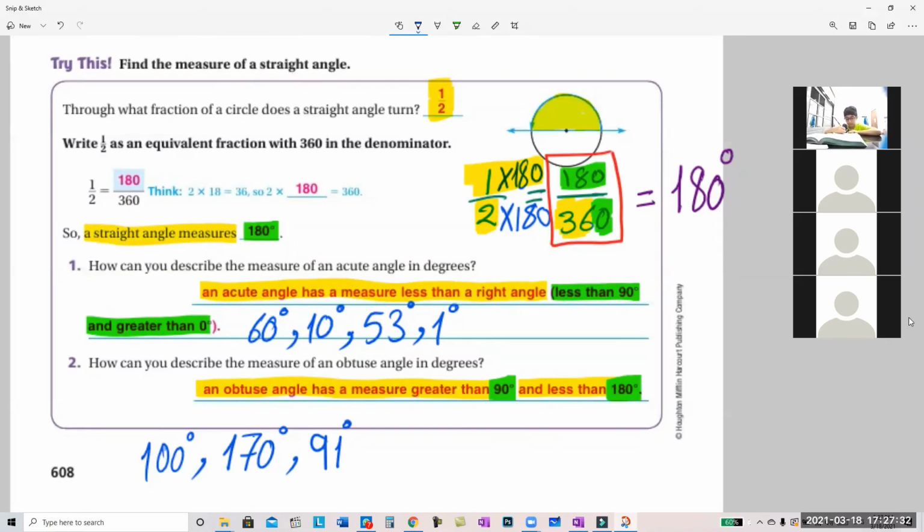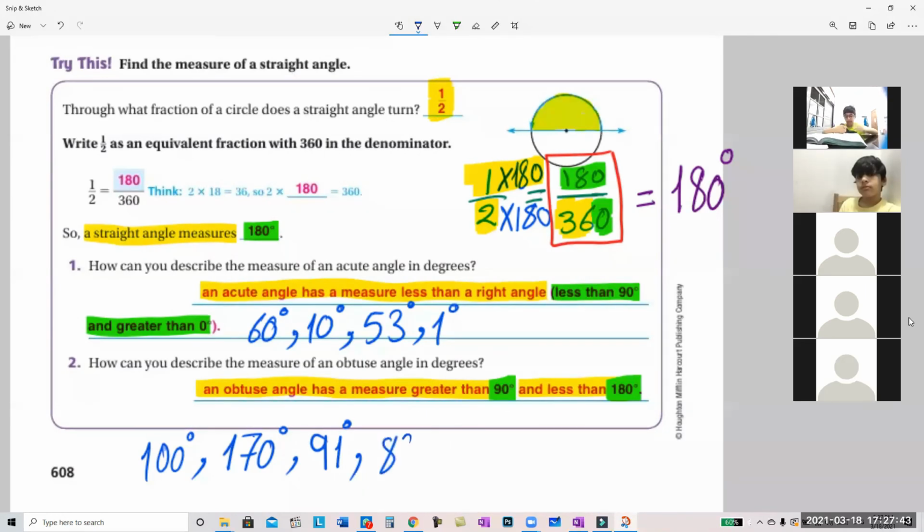Obtuse, because it's greater than 90 and less than 100. What about this? 89 degrees. It's not obtuse because it's less than 90.